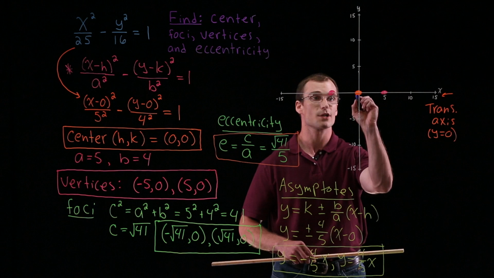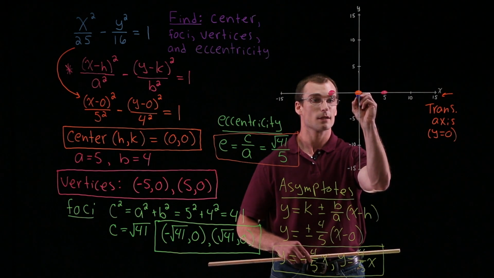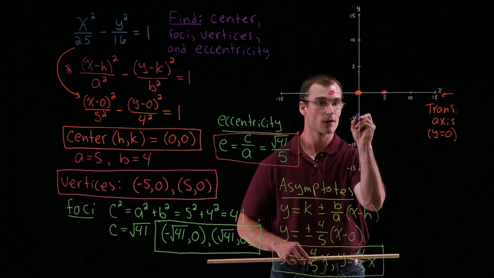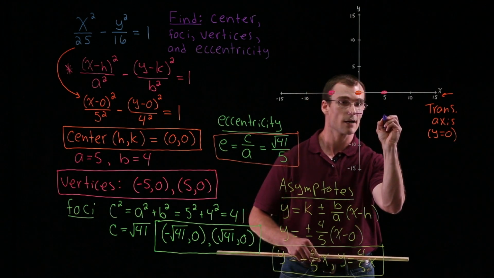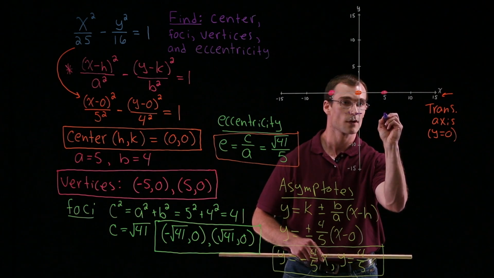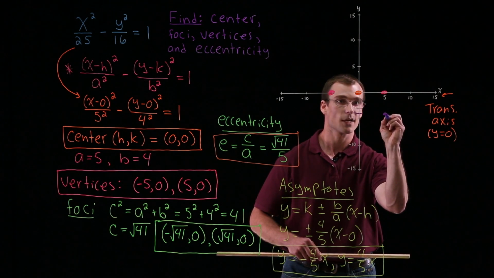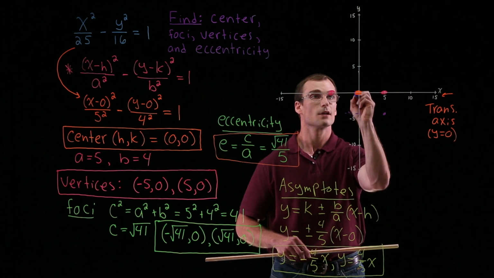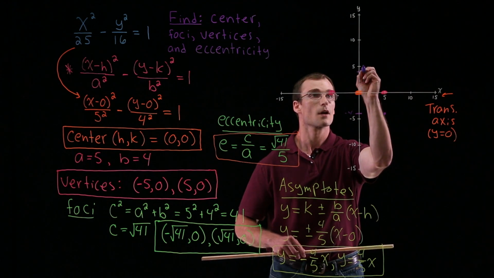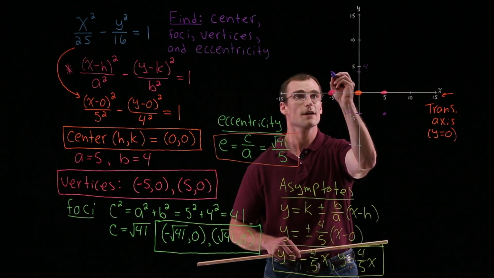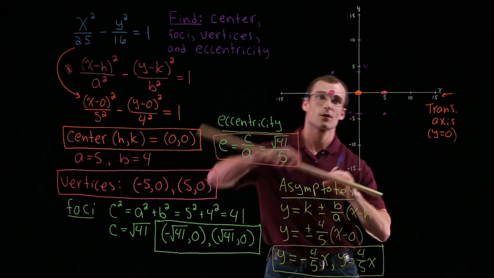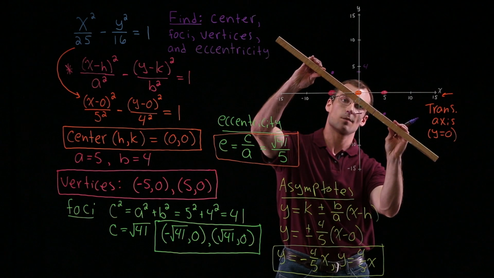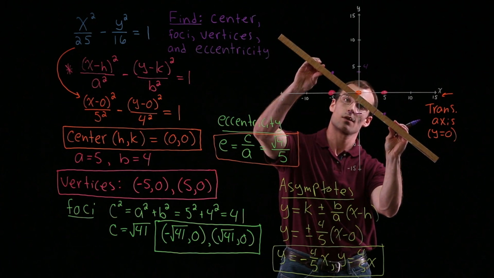Starting at the origin, going down 4 and over 5, we plot a few points to help us, and from the origin going up 4 and over to the left 5, using our slope. So one asymptote is a line through those three points.